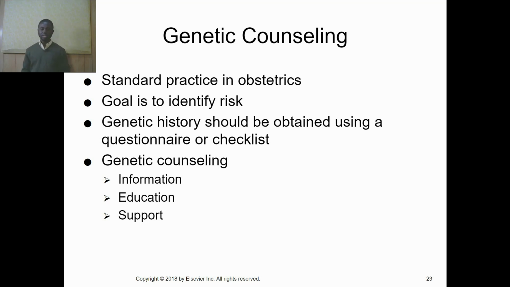In obstetrics, the goal is to identify risk and provide interventions such as counseling, or to facilitate the planning of care for this child, to prepare the parents to be aware of the genetic defects and to take necessary steps to mitigate the effects of the genetic disorder.